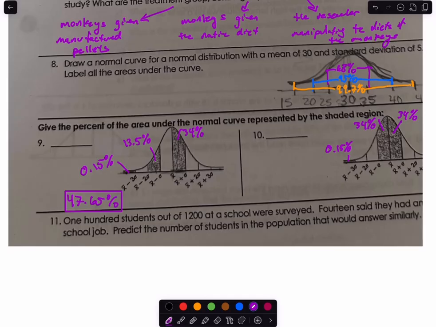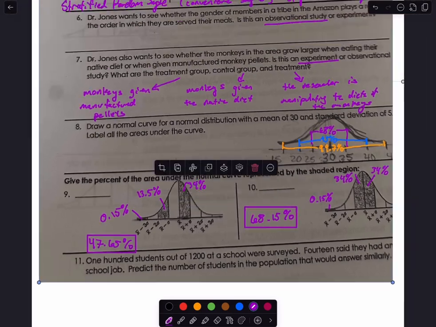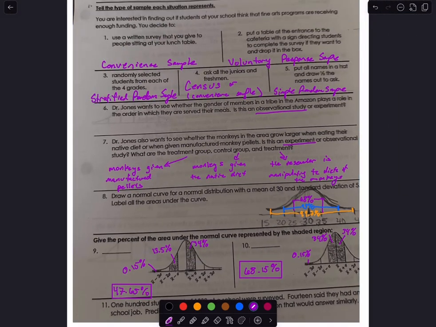So if we add those together, it should be 68.15%. Similar argument to what we had just a moment ago.